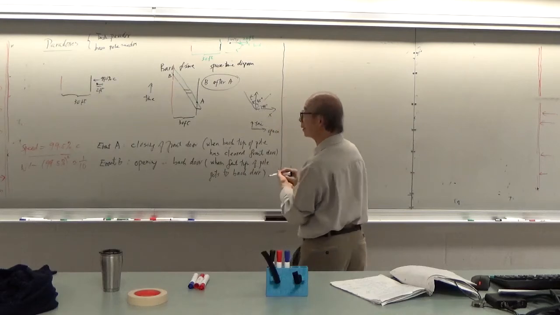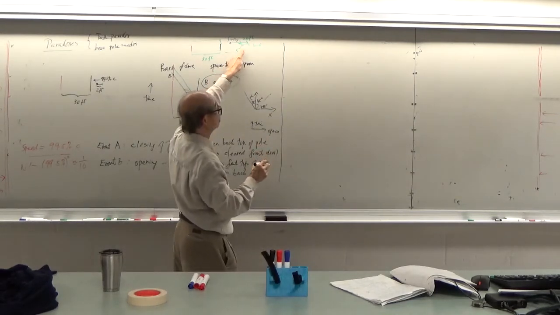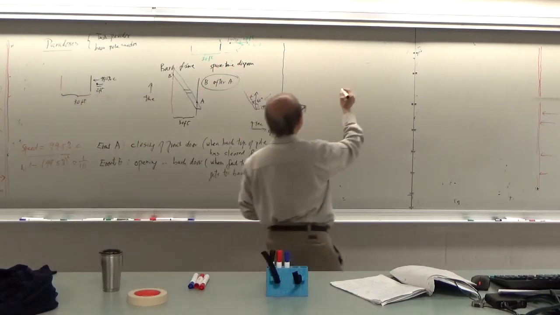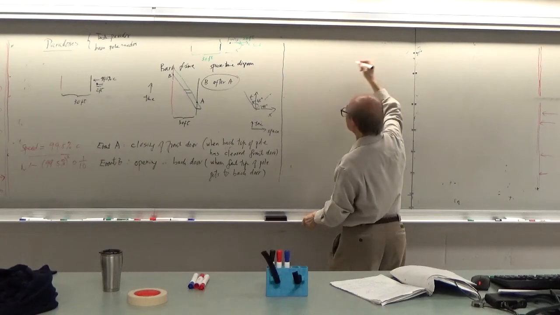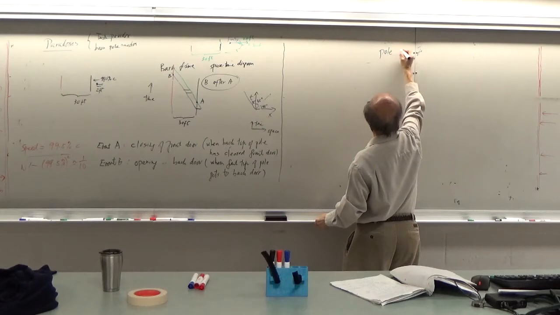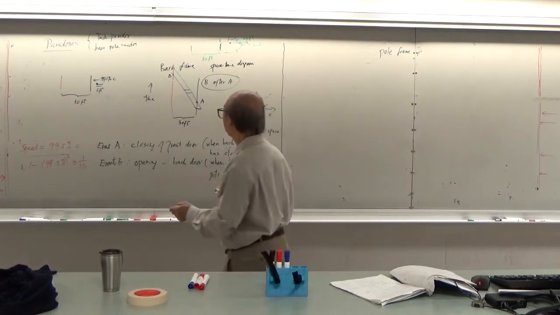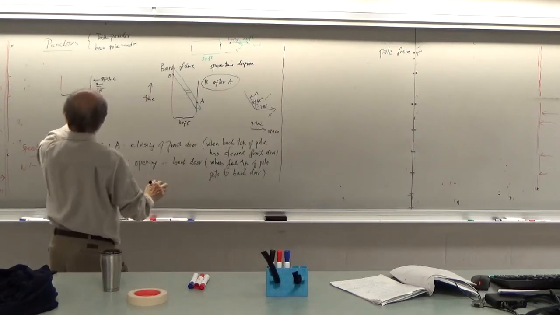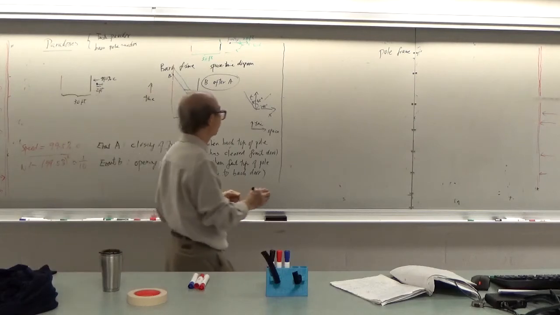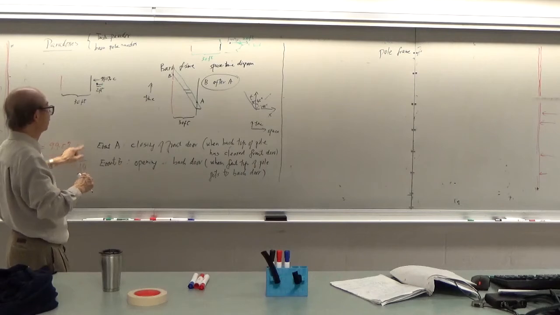And now, let's look at the situation from the point of view of the rest frame of this rocket ship when it travels at this high speed. I will call that the pole frame. In the pole frame, of course, it is the barn which is moving at high speed towards the pole, with 99.5% the speed of light.